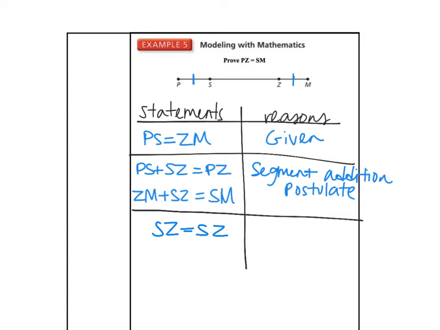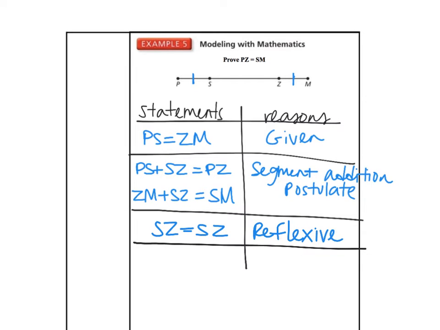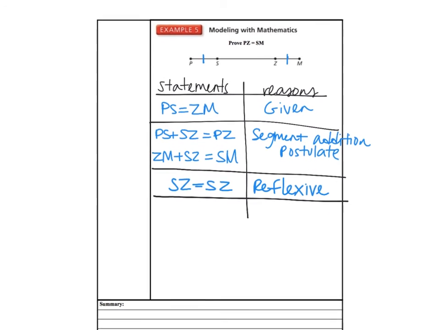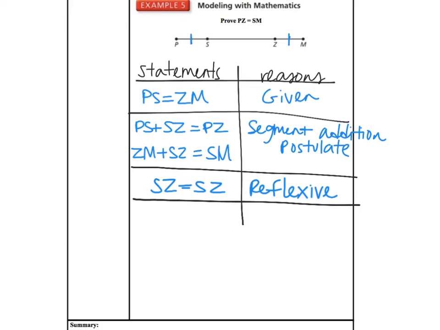What property is that? Reflexive. If I'm saying that the thing is equal to itself, it's because of reflexive. I'm saying that because I'm about to add it to both sides of our first equation. So in order to add it to both sides, I have to say, hey, those two things are equal before I do it to both sides.